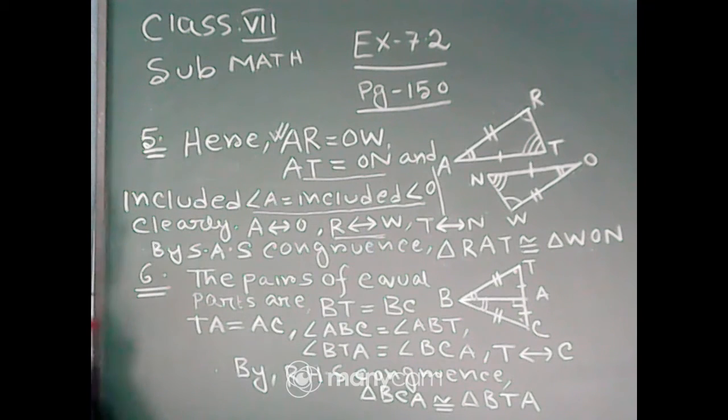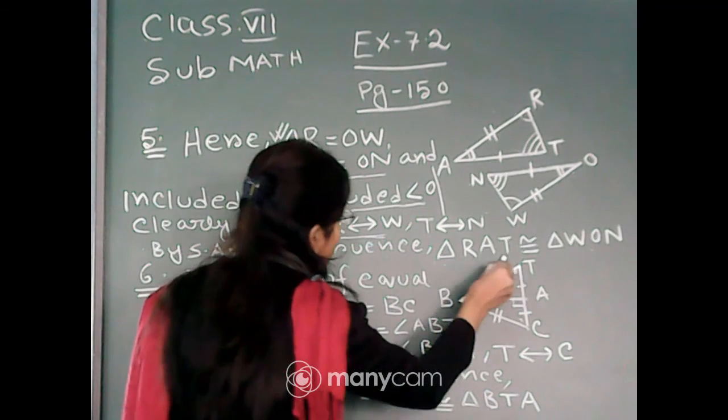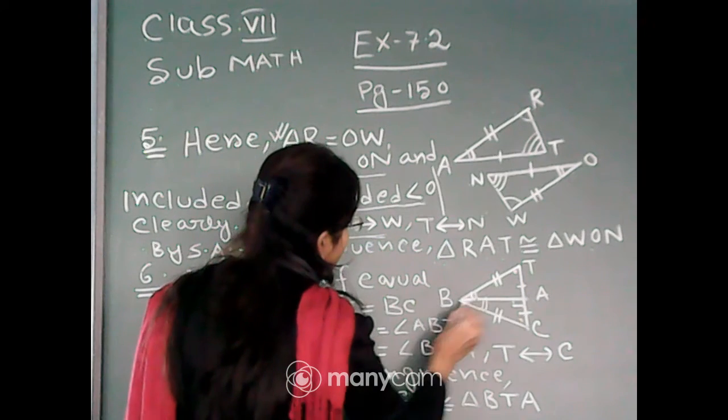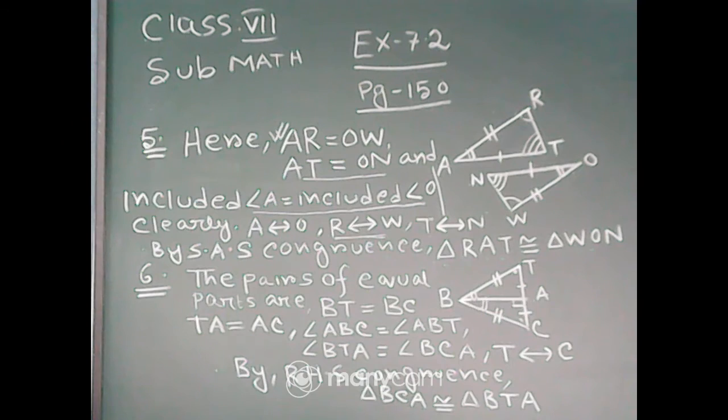Okay. Next, question number 6. Here ABT and ABC are two right angle triangles.